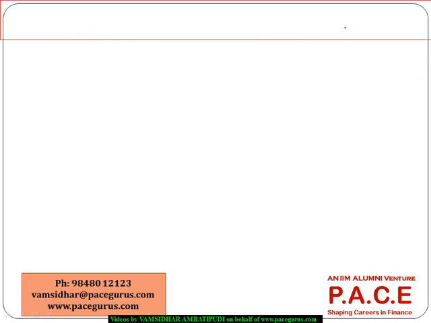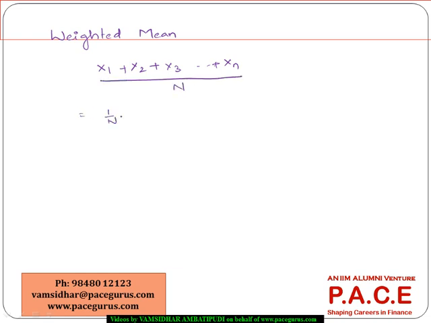Now, a few more apart from mean, median, mode. I also will look at the weighted mean. When we looked at the typical mean or the average, we added up all the numbers, x1, x2, x3, so on, xn, and we divided by n, which is as good as saying I have given a 1 by n weightage to each of the numbers.